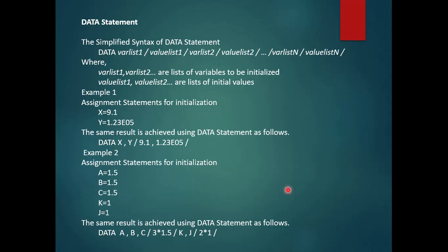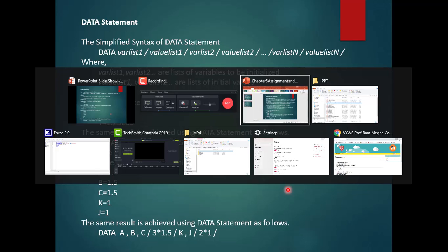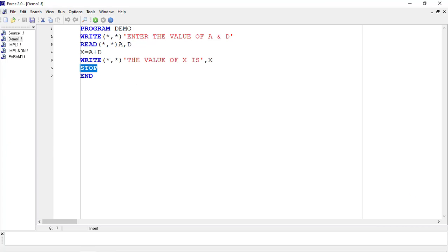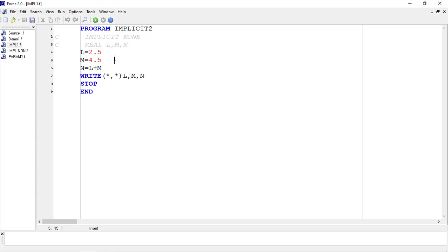Similarly, we can go ahead with the data statement to initialize values. Before that, we'll have a look at one program where we have initialized x equals a plus d, l equals 2.5, m equals 4.5, and n equals l plus n.